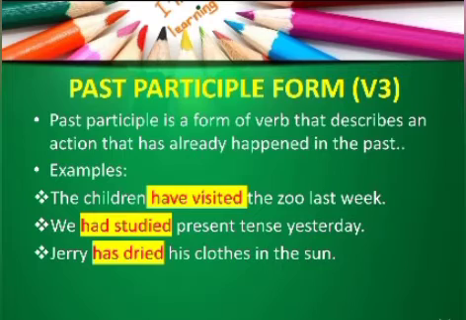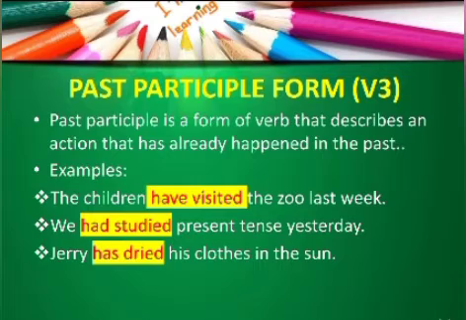Now let's learn about the past participle form of the verb, which is the third form of the verb, V3. Past participle is a form of verb that describes an action that has already happened in the past. For example, the children have visited the zoo last week. You're not talking about just yesterday.